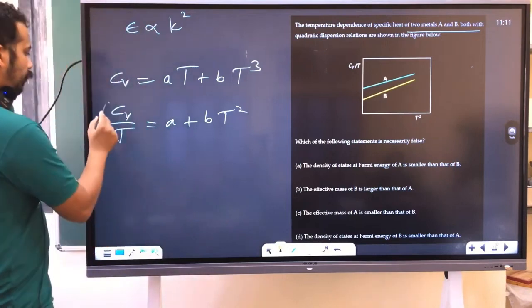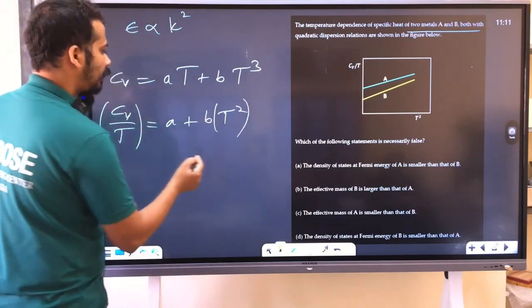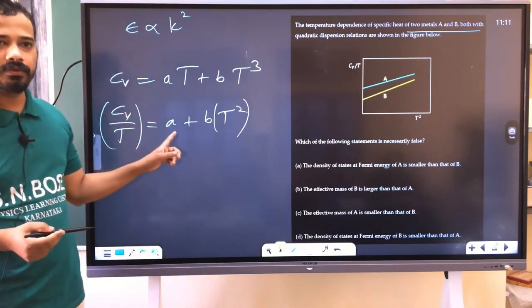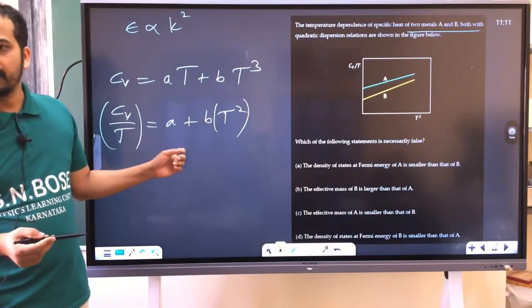If you plot this versus T squared, obviously it's a straight line passing through some y-intercept, isn't it?